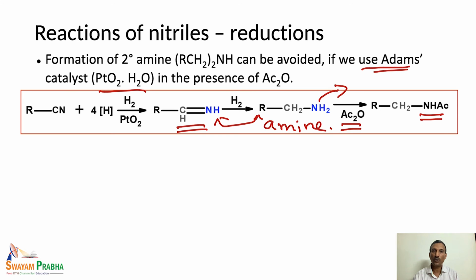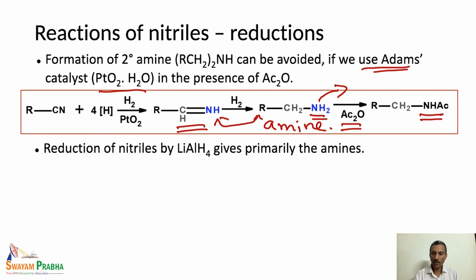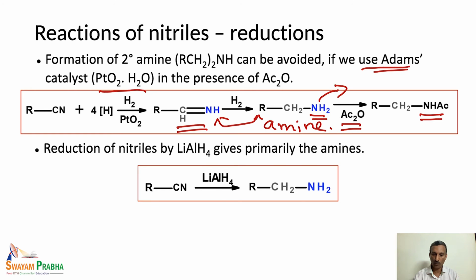If you use acetic anhydride, it removes the amine functionality by converting it into the acetamide unit. Once that unit is formed, we don't have any primary amine to undergo reaction with the imine. This is how we can avoid the side product in this reaction. And the reduction of nitrile in the presence of lithium aluminum hydride gives primary amine.